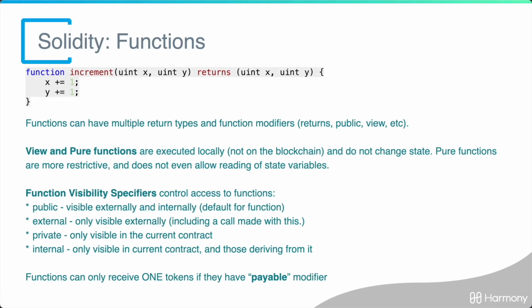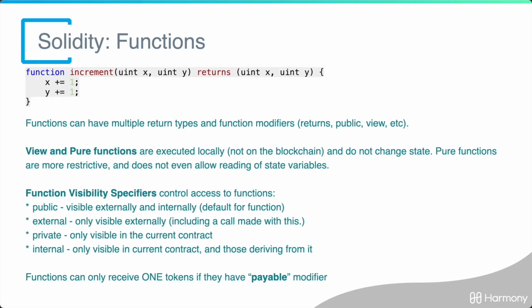So you don't send any transactions across to modify a particular variable. Pure functions are even more restrictive because they don't even allow you to read the state of the variables. If you try to read the state of a variable or modify a variable in a view or pure function, then the Solidity compiler won't even allow you to compile it.